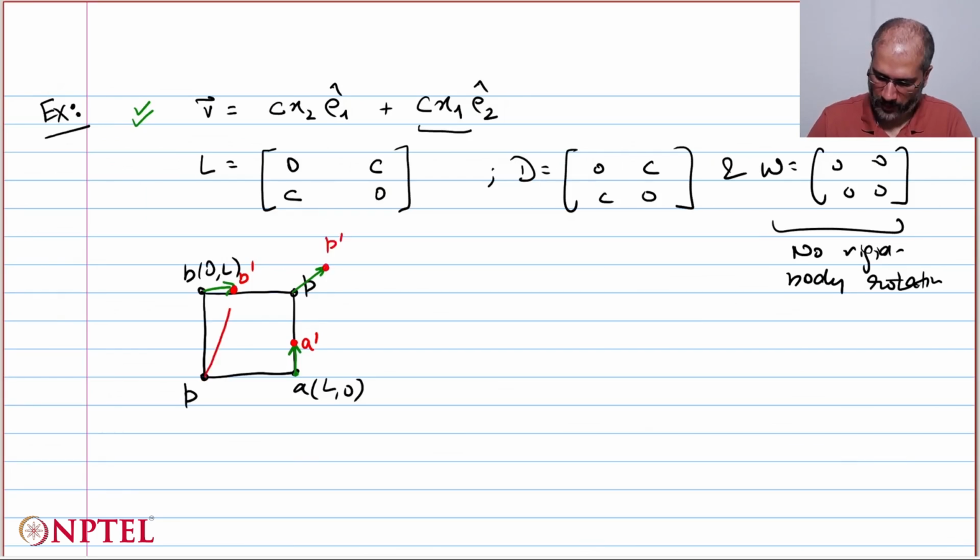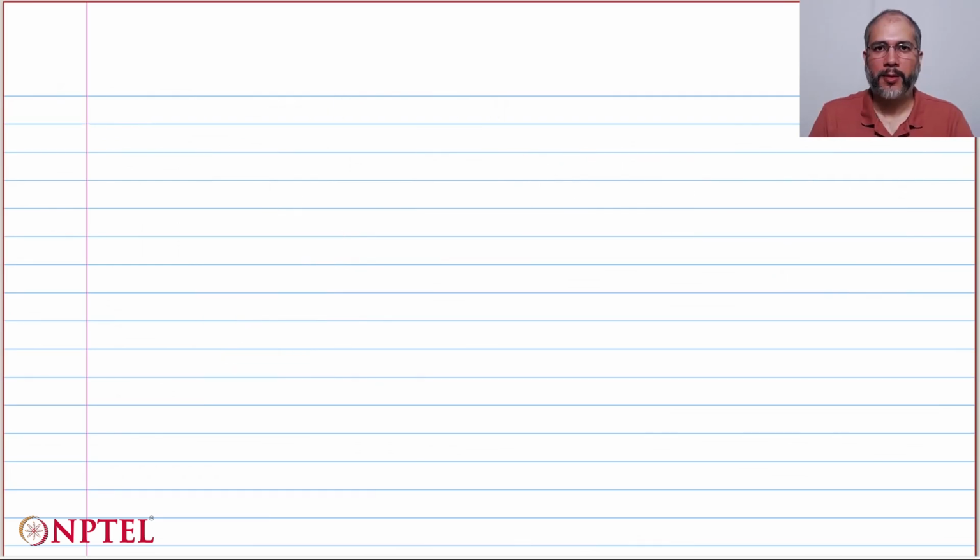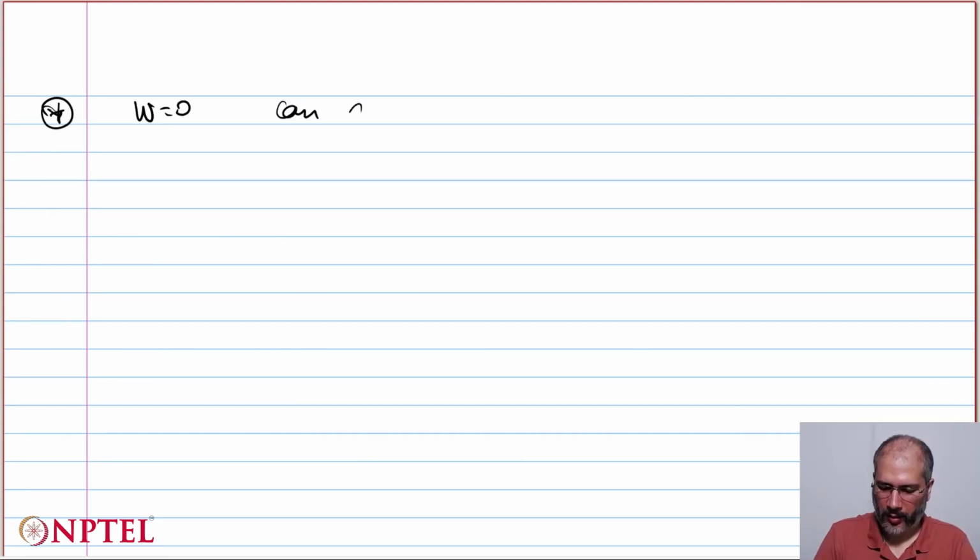So now let's look at the deformed element. And again, we can see that some rotation has resulted because of this D, because W was a 0.